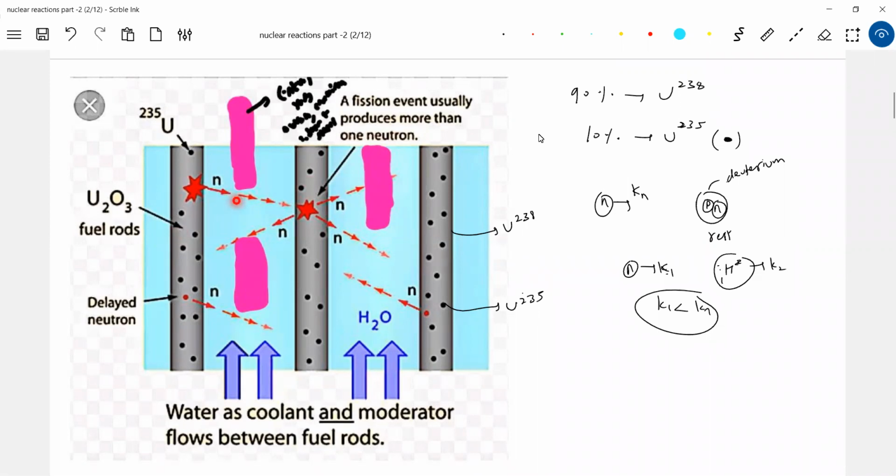Neutron with very little kinetic energy. Therefore, it should undergo some 5-6 collisions on average, till kinetic energy becomes very small, of the order of 0.02 electron volts. Because of that, the deuterium is used. The deuterium is called a moderator. Water is coolant and moderator. So what is a moderator now?